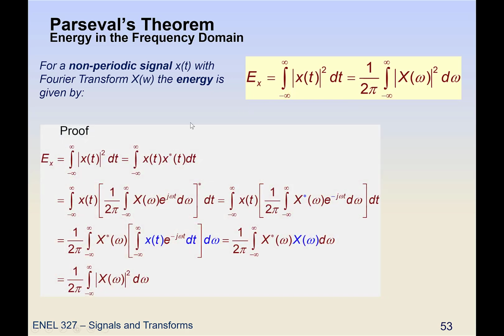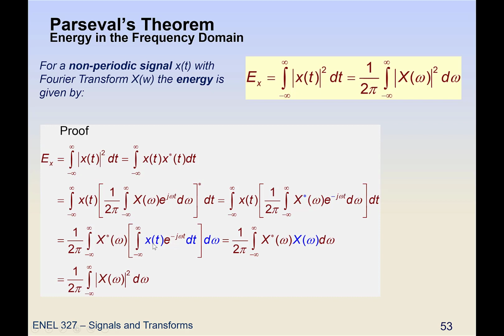So the proof of it, we basically do the same thing we did before. I'm just expanding out what this means for possibly complex valued signals. This takes care of real signals as well. But we have to allow for x of t to be complex valued. We replace the conjugate with its inverse Fourier transform conjugated. Then I distribute that conjugation into here.